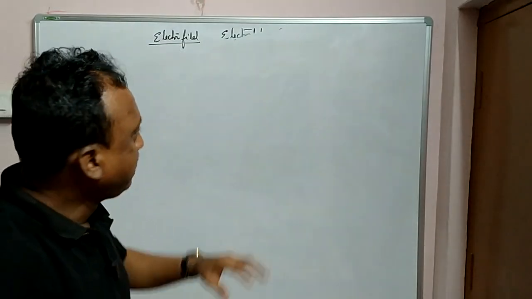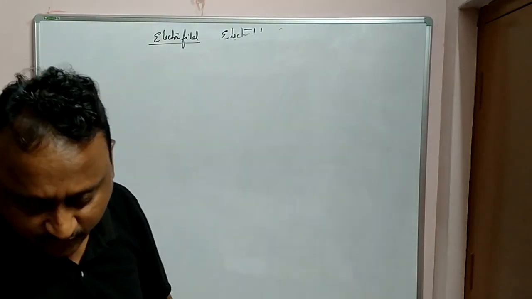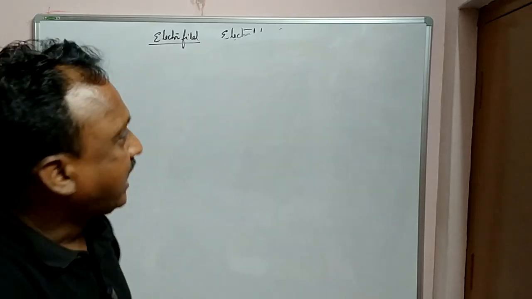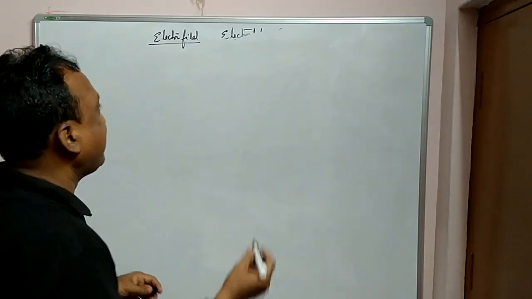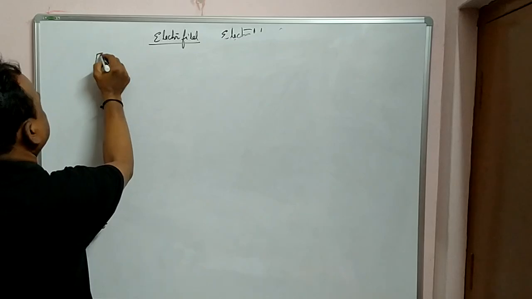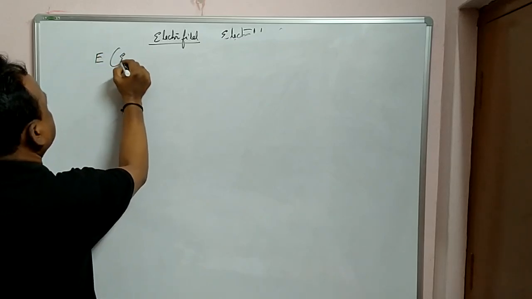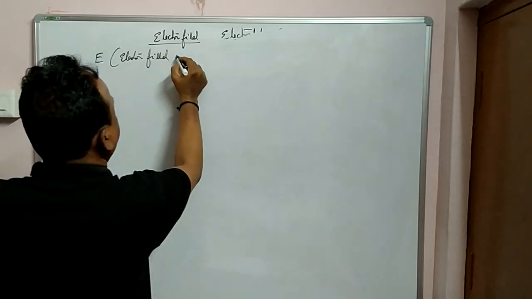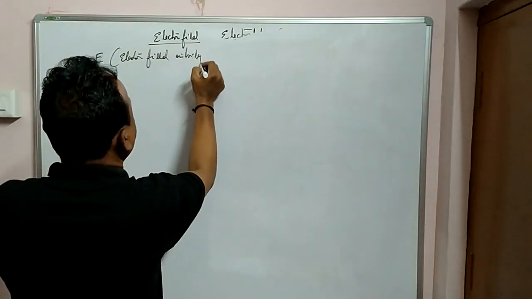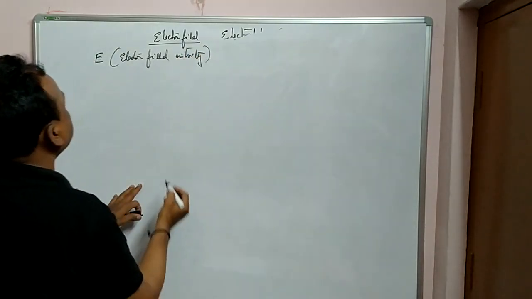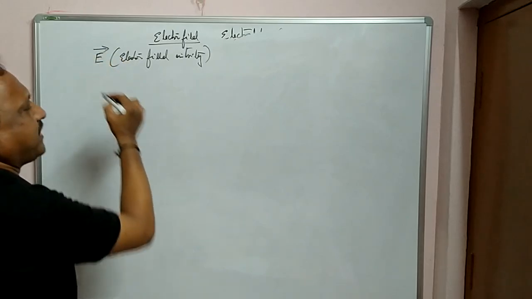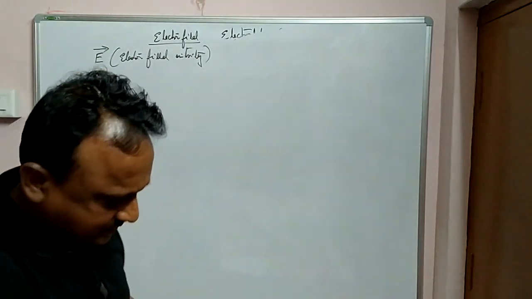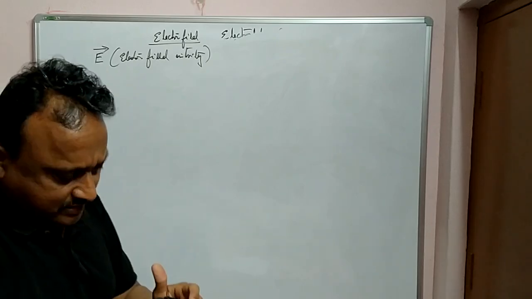Now we'll be studying about what is this electric field, and not only electric field but electric field intensity. See, this is a vector quantity, please, just like magnetic field induction, B bar.